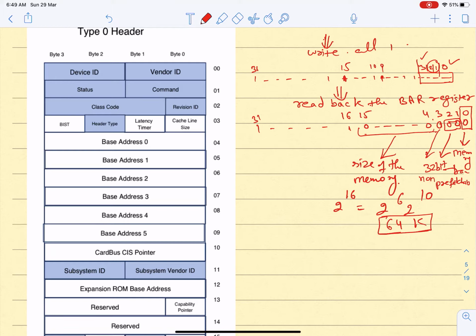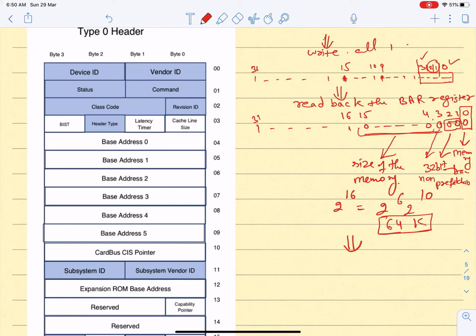And so the next step the host will do is, now the host knows that the PCI device has a memory space of 64k, which is mapped to BAR 0.